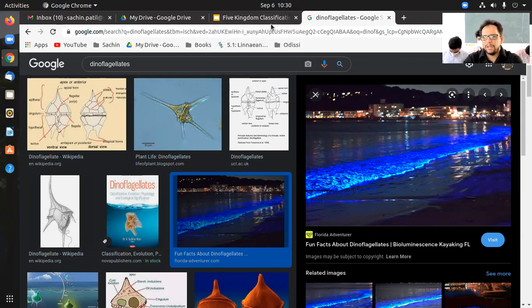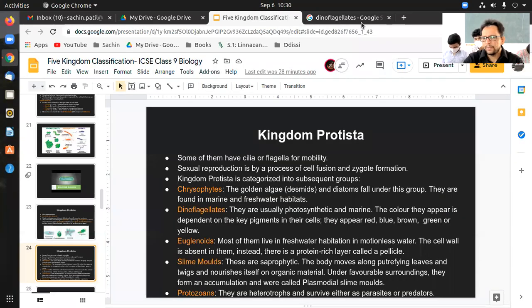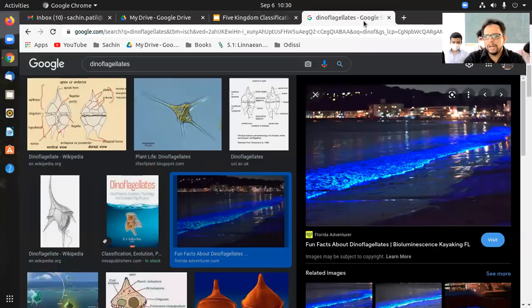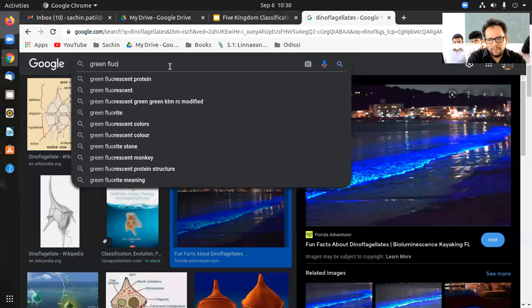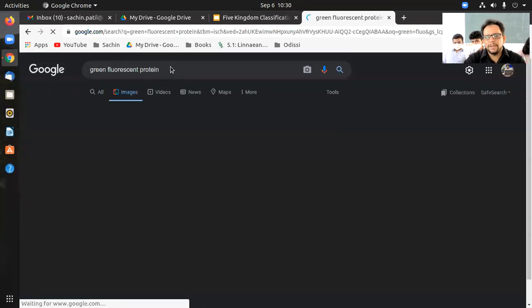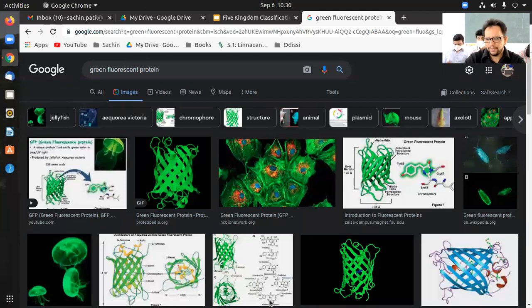That is the same case here as well. Is it blue because of the blue pigment? Everyone would know the green fluorescent protein, which is present in fireflies, right?